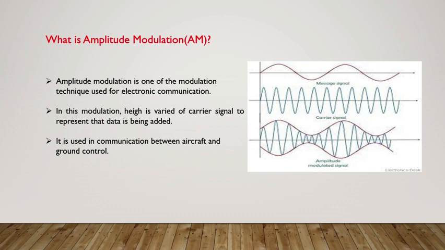As you can see in the figure, the first one is the message signal, the second one is the carrier signal, which is steady in amplitude and frequency, and the last one is the amplitude modulated signal. So the information is added in the third signal that you can see.